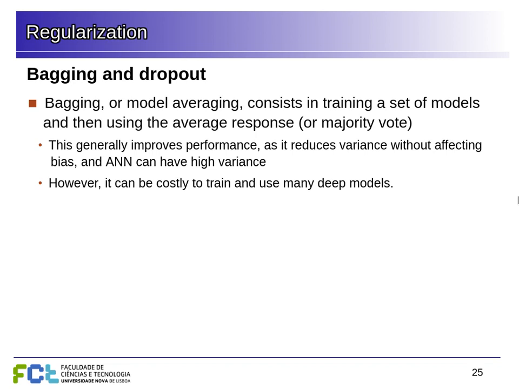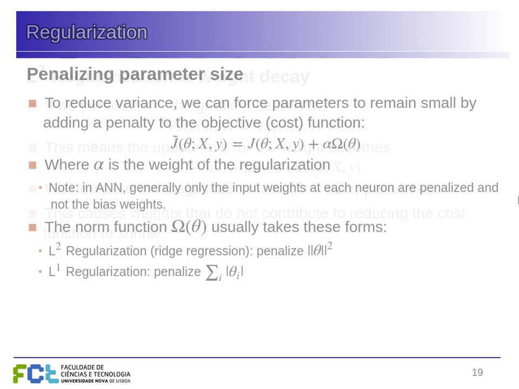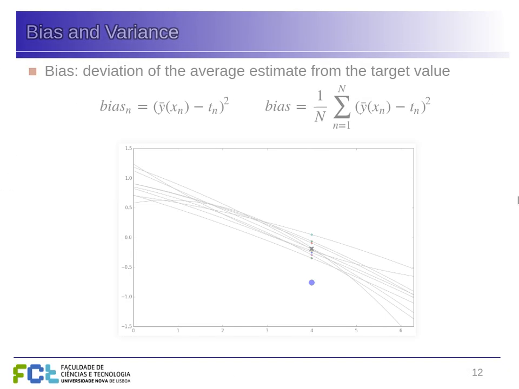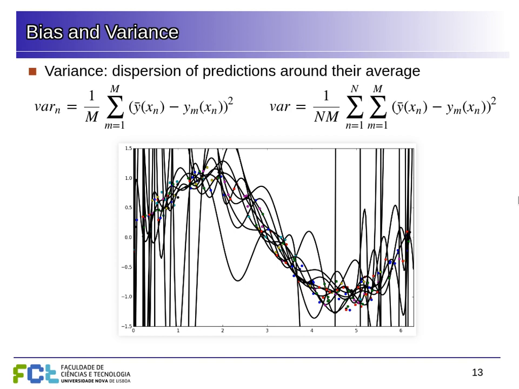Another way of trying to minimize variance is bagging. This is a general technique in machine learning. The name comes from bootstrap aggregating, but basically bootstrapping is a resampling method where we resample from our data set randomly to obtain different training sets.